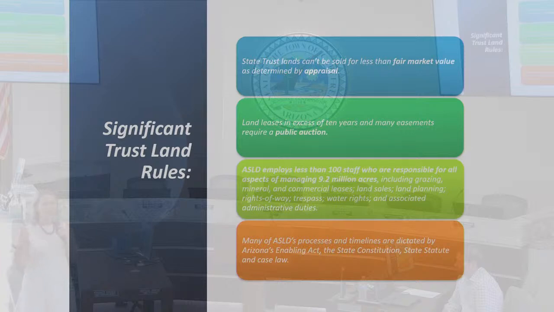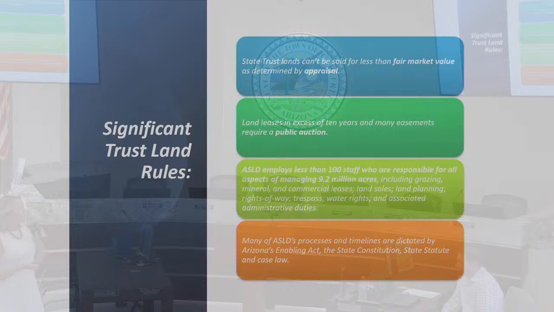When we sell the land, the money goes to the state treasurer, and they put that into what's called the permanent fund, and then the beneficiaries get, just like a trust works, the income from that permanent fund as part of their budget.